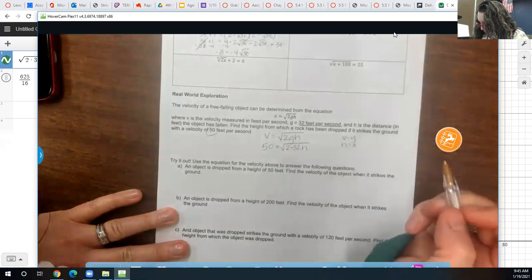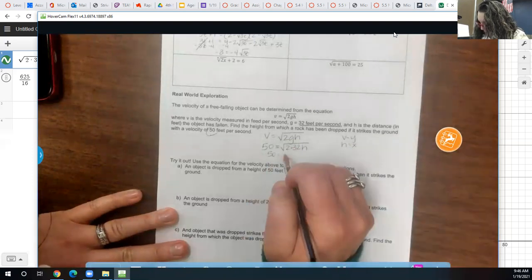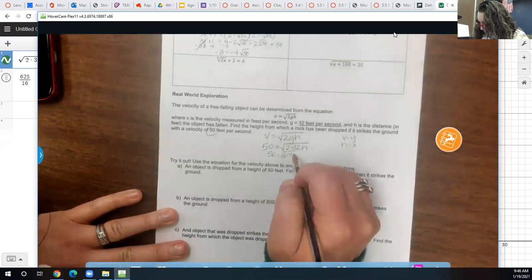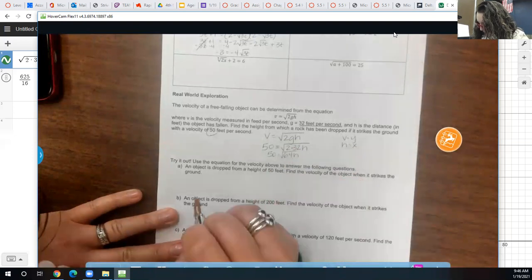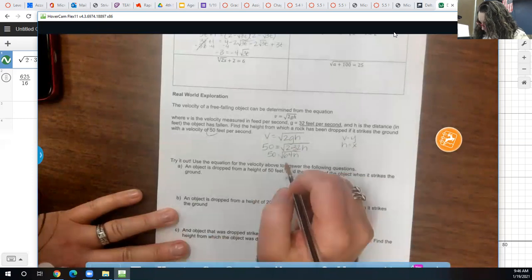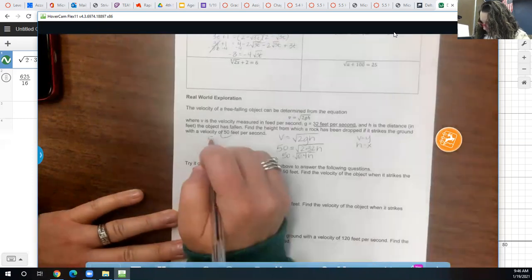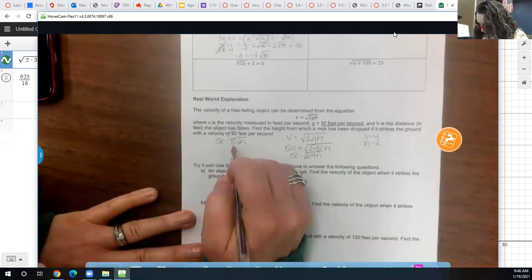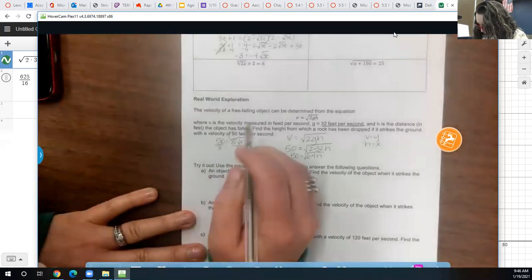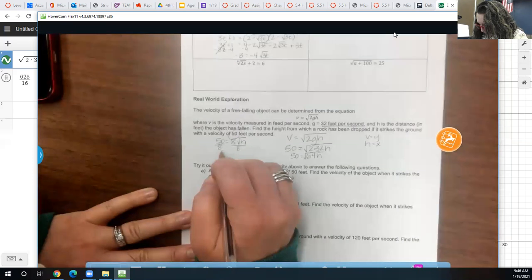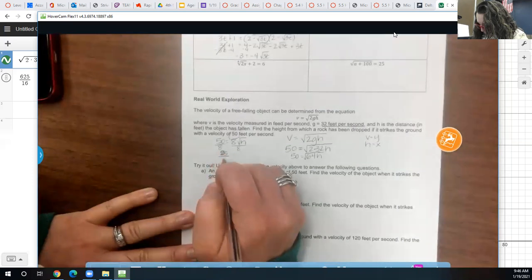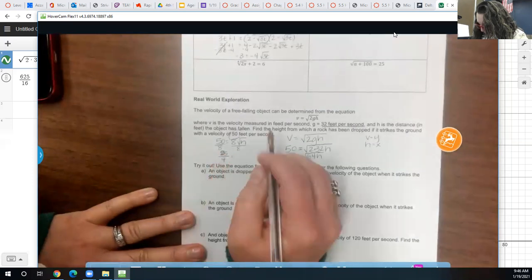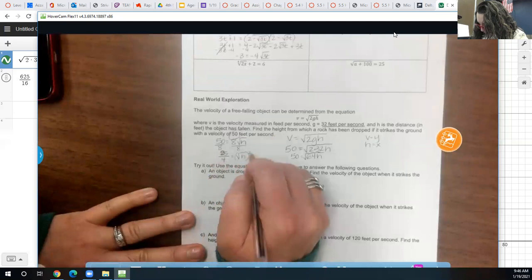So think about this in terms of v is y and h is x. So let's solve this. 50 equals the square root of 64h. I know the square root of 64 is 8. So I have 50 equals 8 times the square root of h. Isolate our radical. 50 divided by 8, I'm going to reduce that to 25 over 4 equals the square root of h. Eliminate the radical.